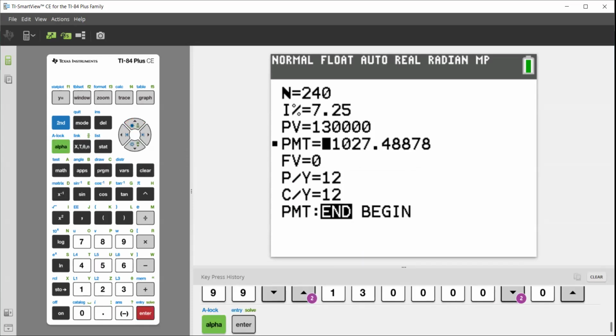Alpha enter. Let's see how we round the result. Do not round until the final answer, then round to the nearest dollar as needed. Since we want the larger total cost, we do not round it. We're going to write $1,027.48 for the payment of A. I'm going to write it down.